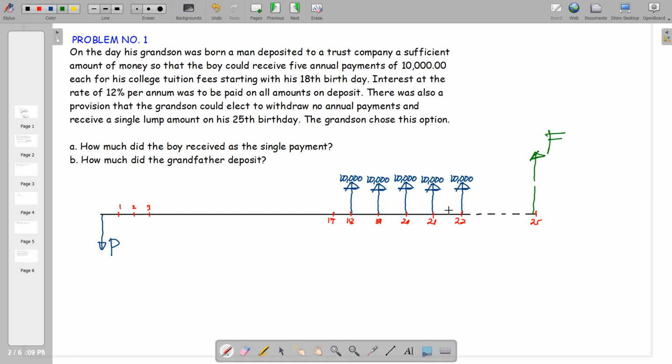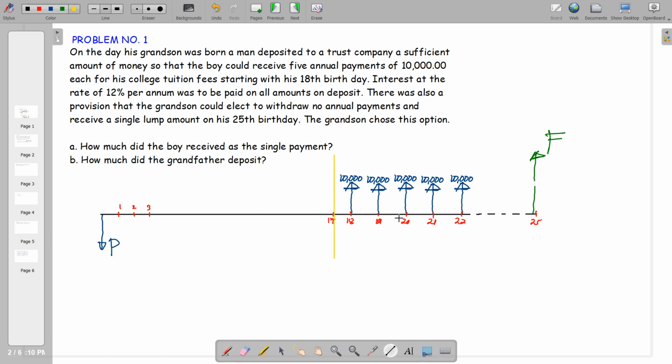Say this is F. So what we do here is to get the equivalent of these annuities calculated forward to the future. So we treat this annuity as an ordinary annuity. From 18, where do we start? Not at 18, but we go one step backward. So we start at 17.